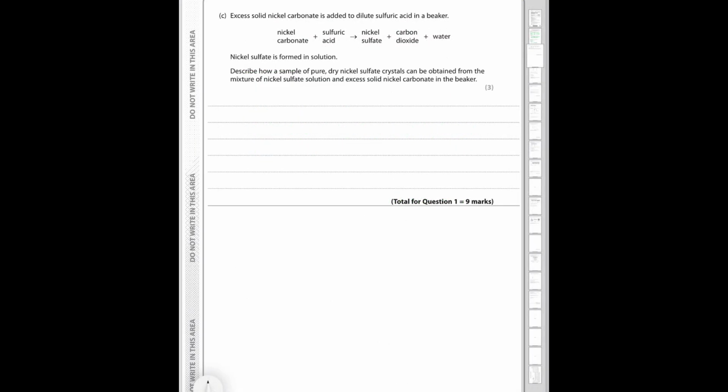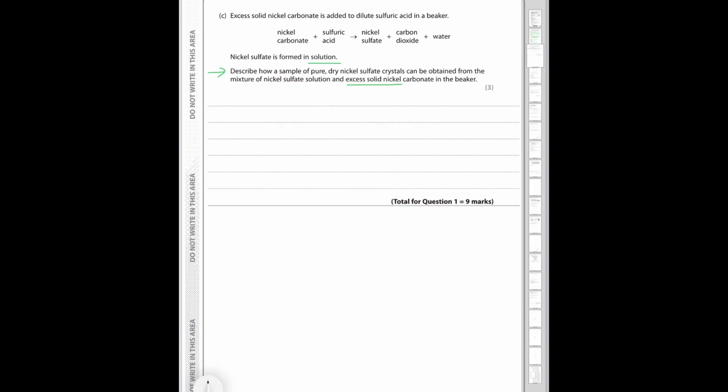In part C, we're told that excess solid nickel carbonate is added to dilute sulfuric acid in a beaker. Nickel sulfate is formed in solution. Describe how a sample of pure dry nickel sulfate can be obtained from the mixture of nickel sulfate solution and excess solid nickel carbonate in the beaker.